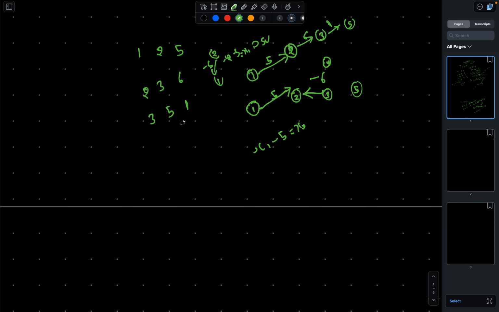Because we have the difference x3 minus x5 is equal to 1. Now what we usually do in a disjoint set is try to merge with the ultimate parent itself. So we want to merge it with 2 only. But now what should be the weight? Because it would have been minus 1 if we directly merged it with 3, but now we are merging with 2.